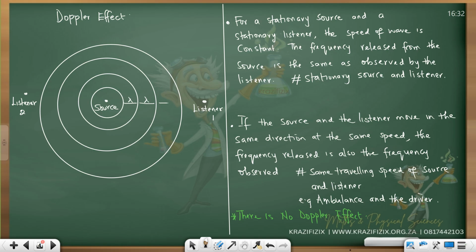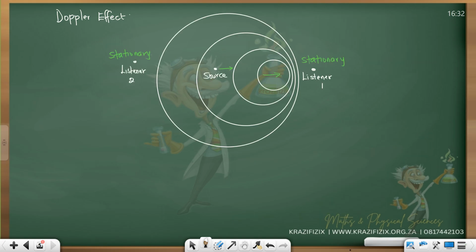You would notice the wavelength is actually the same across because all objects are stationary. But immediately I go to this diagram, you would notice a difference in the wavelength, and that is Doppler. This is Doppler. You would notice here I have a long wavelength as compared to the original.